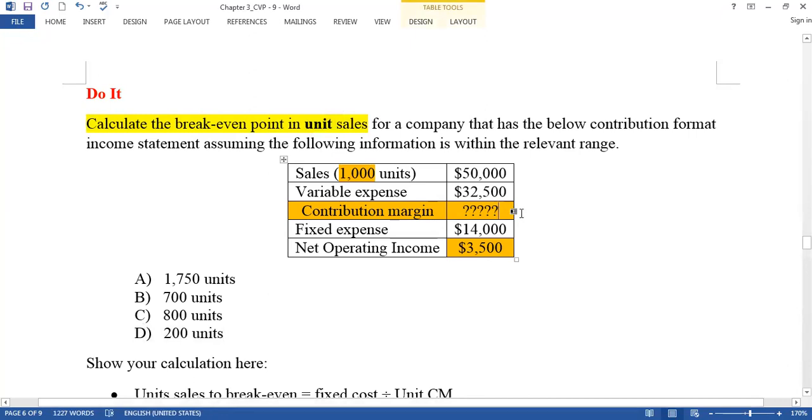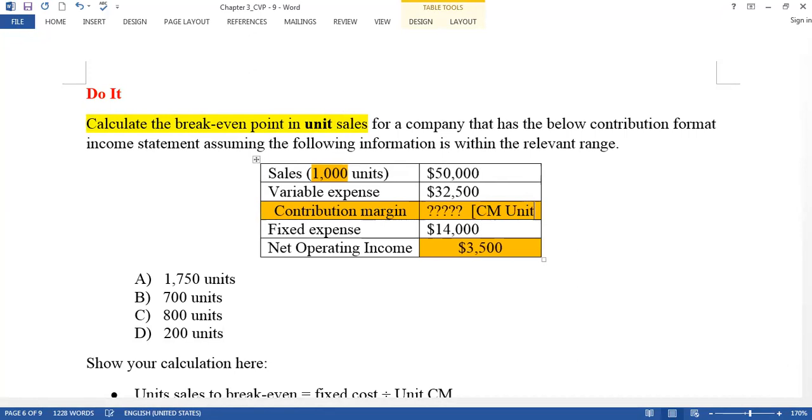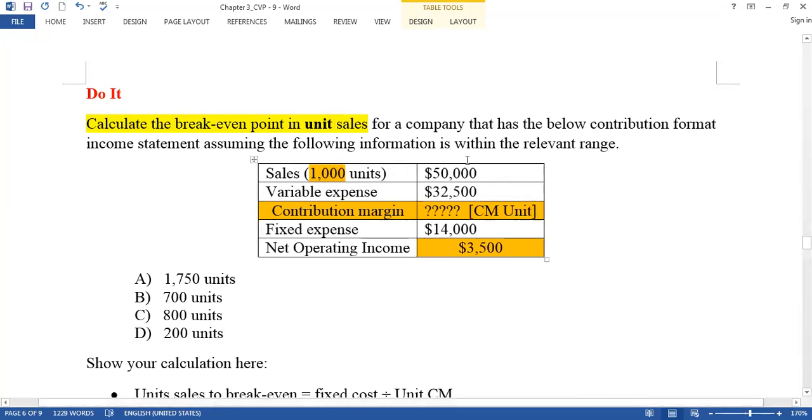So here you have to calculate CM unit. How to calculate CM unit? First you have to calculate CM, contribution margin. Sales minus variable cost equals contribution margin.